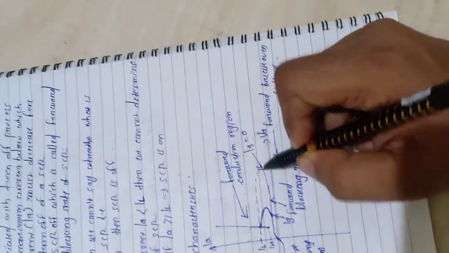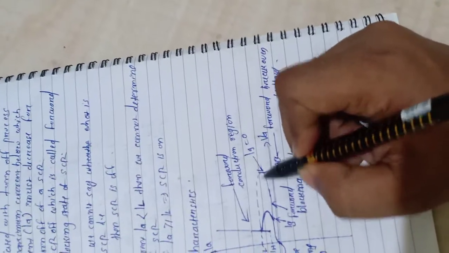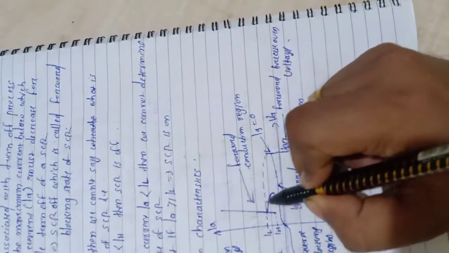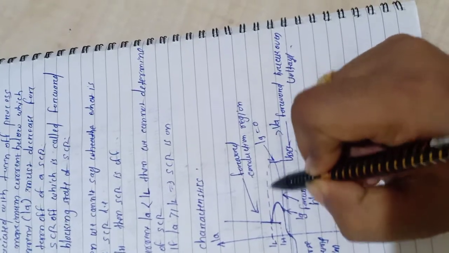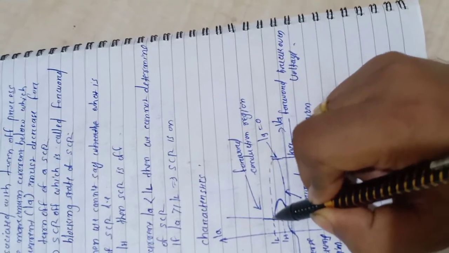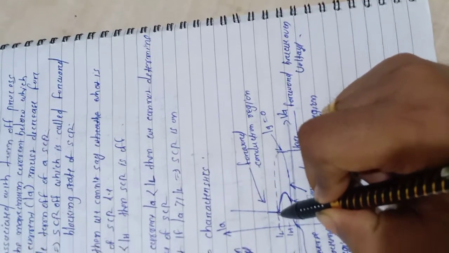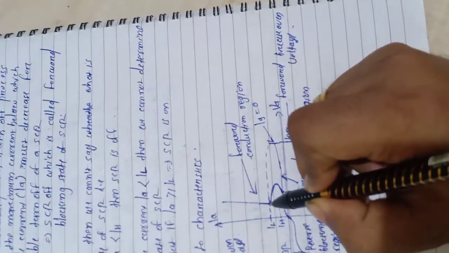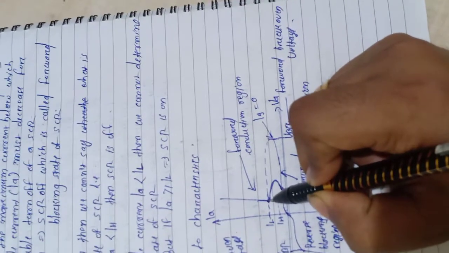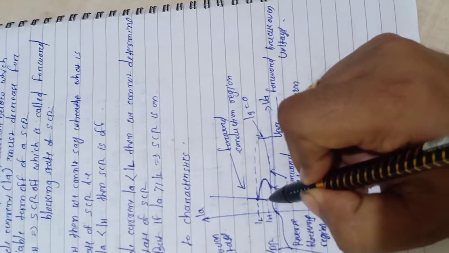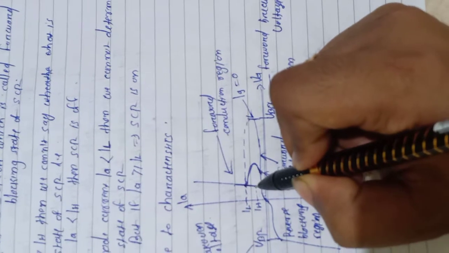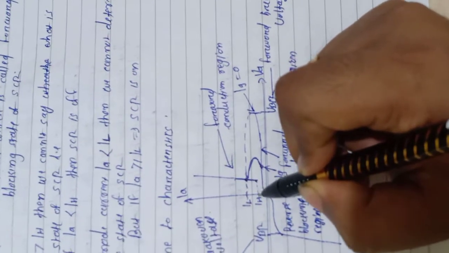At this point the SCR will turn on and current starts flowing, and the current will be here. This is called the latching current. And if we decrease that current by applying a commutation circuit, this value you may take as holding current.